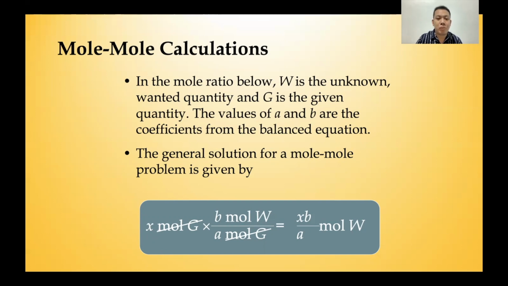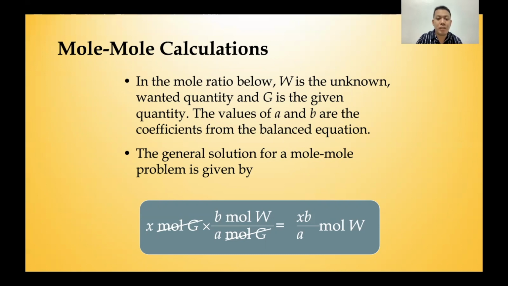So the general solution for a mole-to-mole problem is: X mol G is the given, and then B mol W over A mol G, with mol G cancelled out, is equal to XB over A mol of W.